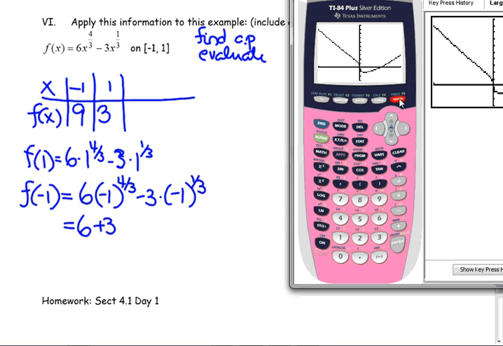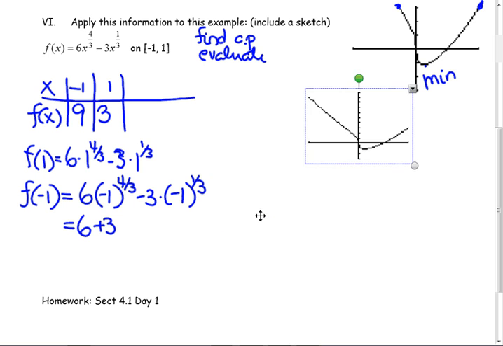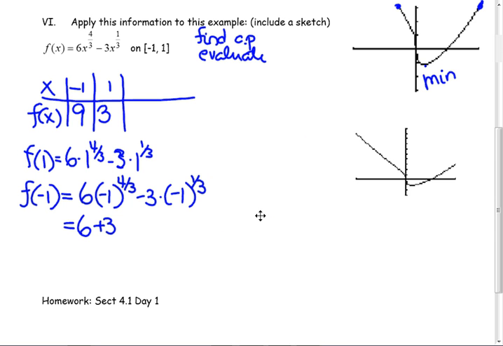Now look at the picture. I had negative 1 to 1 on the x's, but I didn't have the y's big enough. And it looked like they were pretty close in size here, but I didn't have the right height. So you're going to have to be careful with your graphing calculator because it lies a little bit.